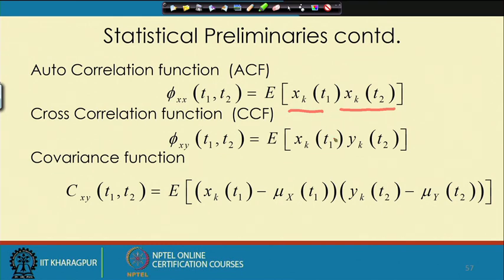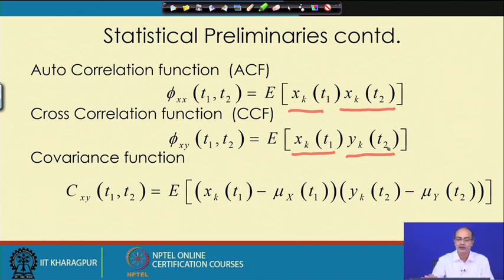Now, if the same operation is done between two signals, that is x at instant t1 and y at instant t2, then that correlation is called the cross correlation function, or CCF in short.